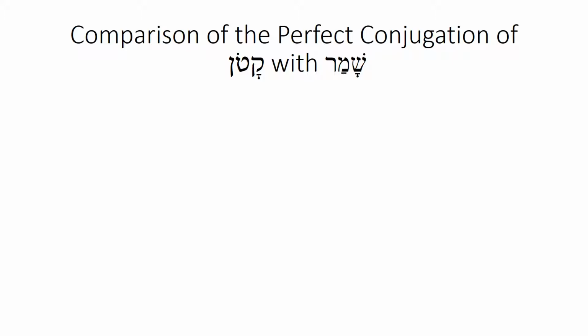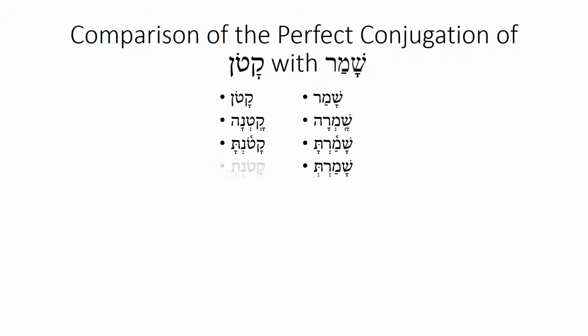There's no conversion to an A. So shamar and katon, shamera and katena, we don't see it in this form. Shamarta, see the O-class is maintained in the perfect, and we get katonta. Shamart, and again the O-class stays. Katont.